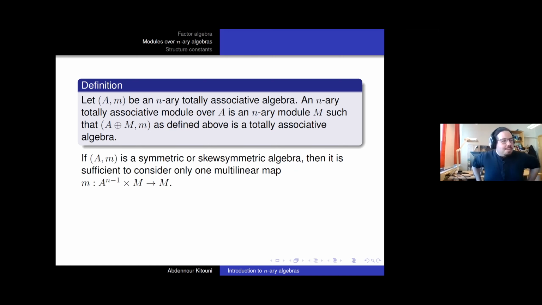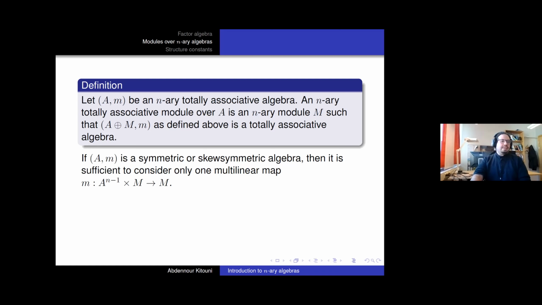As I explained just now, we have n different action maps because the algebra is not necessarily symmetric or skew-symmetric. However, in the setting of a symmetric or skew-symmetric algebra, it is sufficient to consider only one multilinear map of that sort.